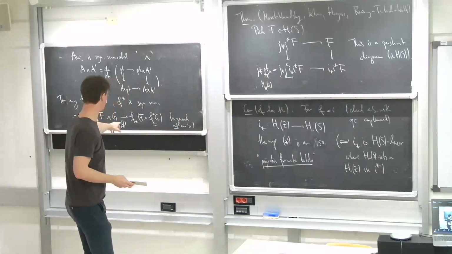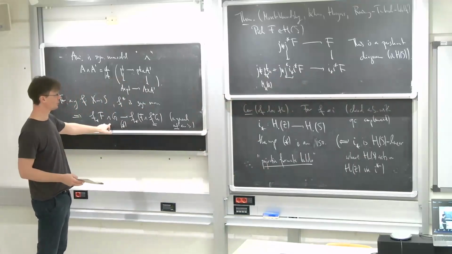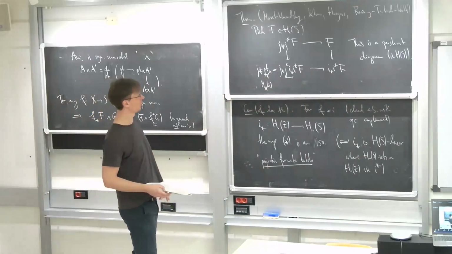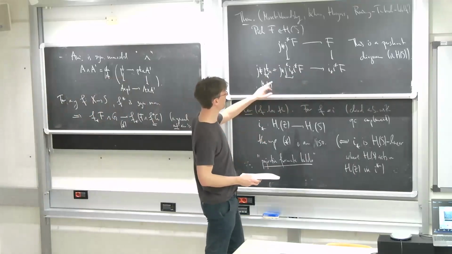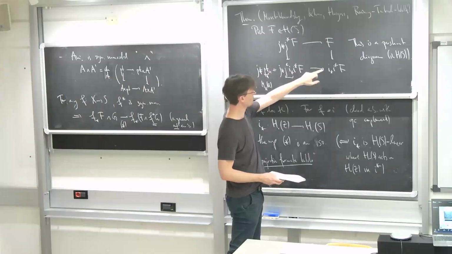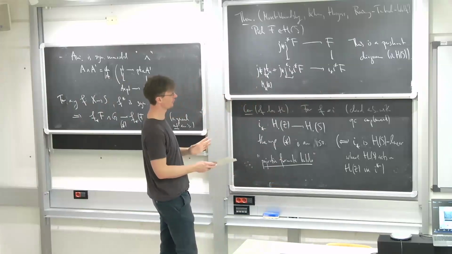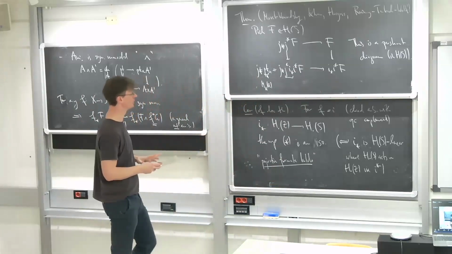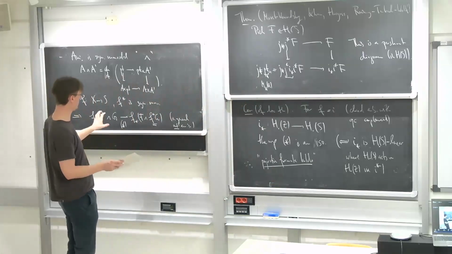We have the natural map, like I said, and we want to check it's an isomorphism. What we can observe is that the functors J alpha star and I alpha star are jointly conservative. So if I have a map between two motivic spaces that is an isomorphism on U and on Z, then it will be an isomorphism.